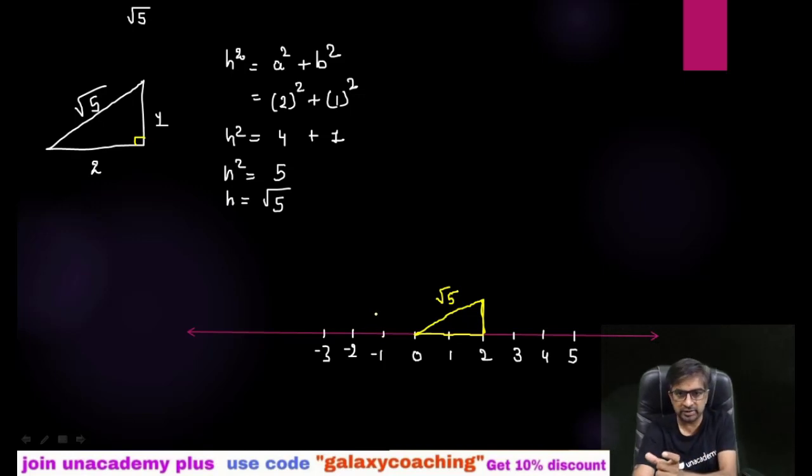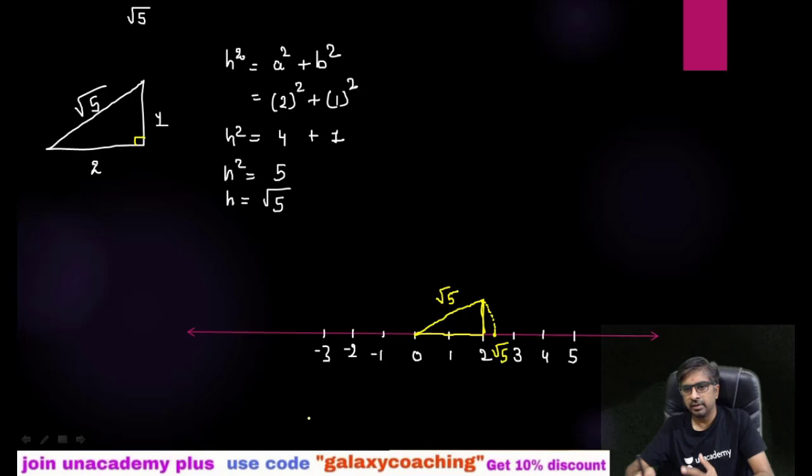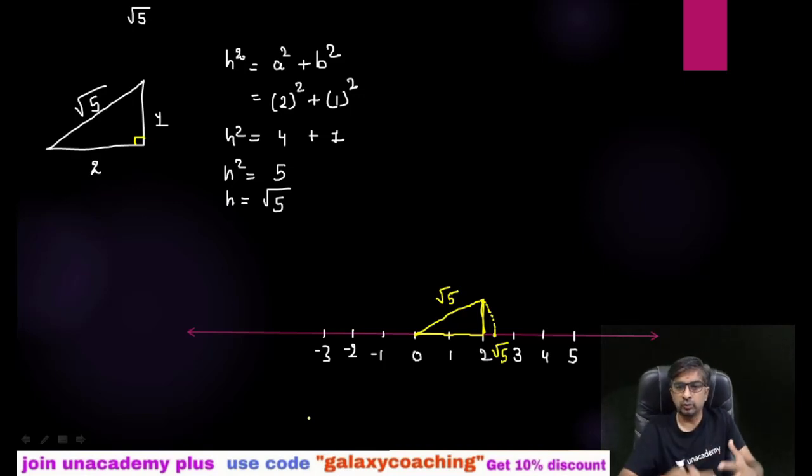Some students call it rounder, or we call compass. Keep your steel needle here, keep your pencil here and draw an arc like this. Wherever this arc will cut, you can see this distance was root 5. Now this distance will be also root 5. So this point will be root 5. Simple. This way only you need to do.